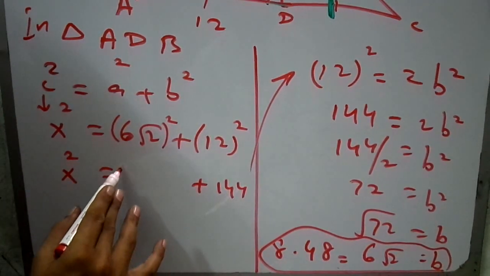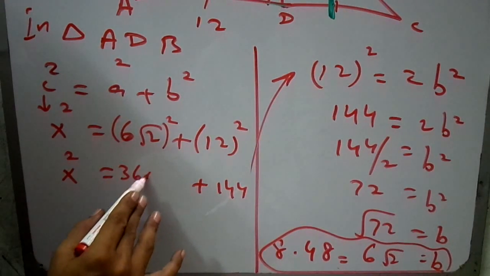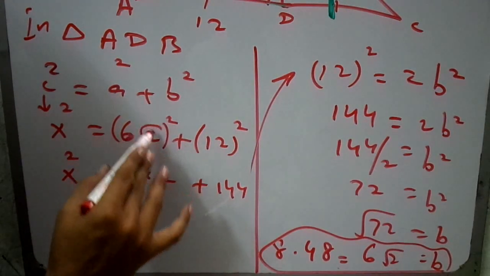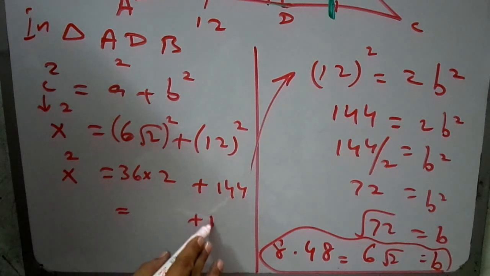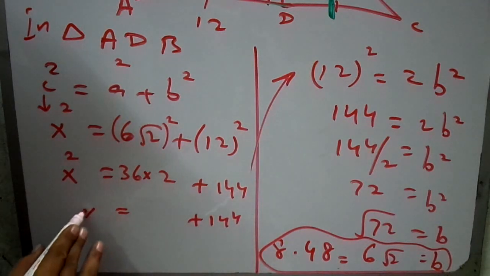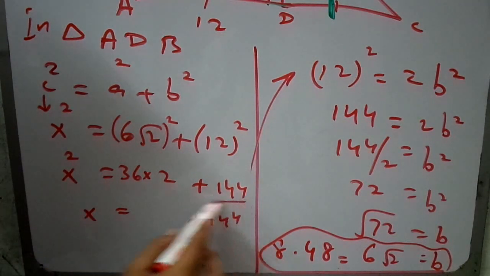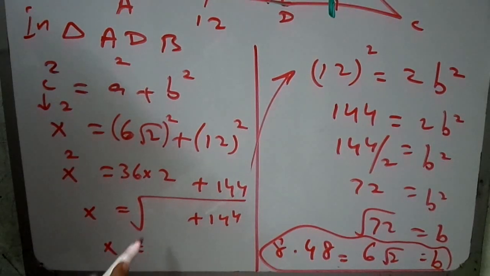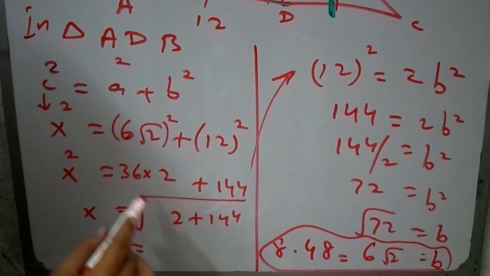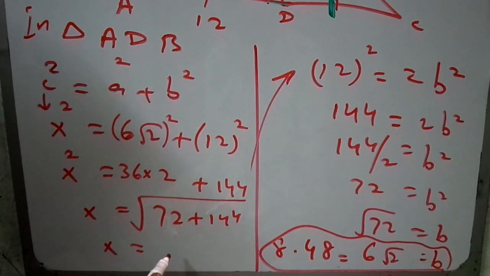So 6 squared is 36 multiplied by 2, because the root sign will be cancelled, so you will get 72 plus 144.